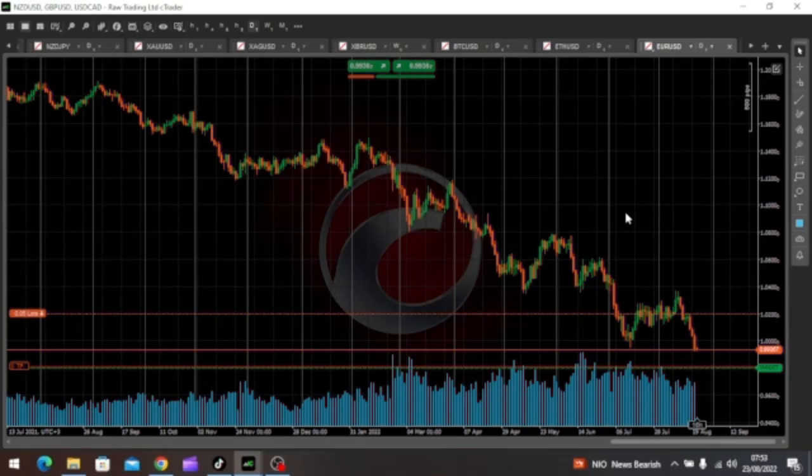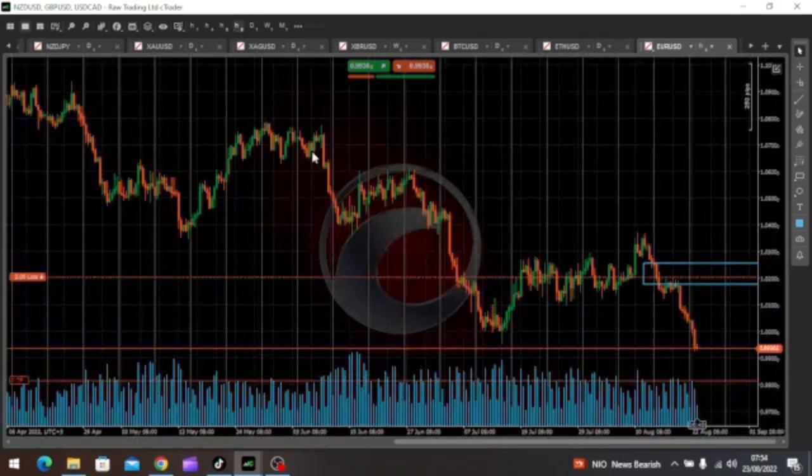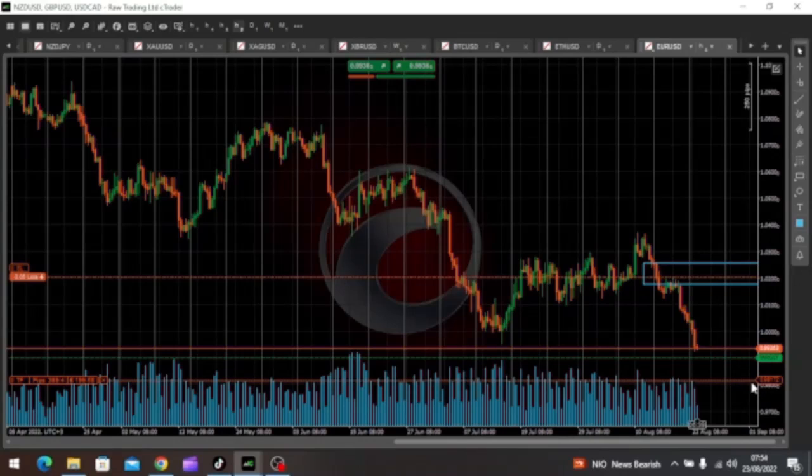Euro Dollar, for the last 2 weeks, we gave a signal for this trade when price was breaking this order block, and we have been selling this trade from there. I'm still holding it until we get to our target, which is around 0.98172.